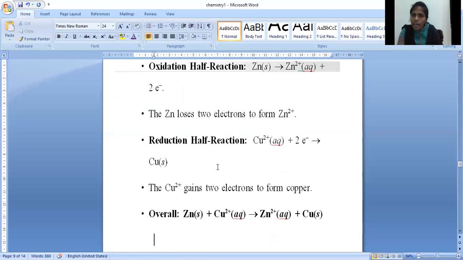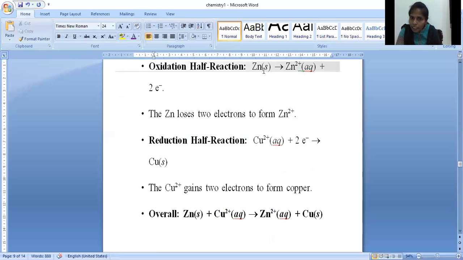Now let us add this reaction and this reaction. This is the reactant in this reaction and these are the reactants in this reaction. Now, arrow, and the products are Zn plus 2 and electrons, and here the product is copper.